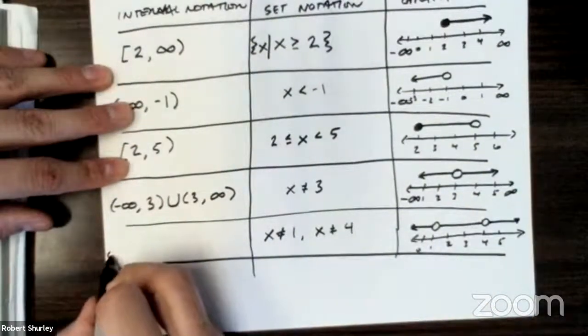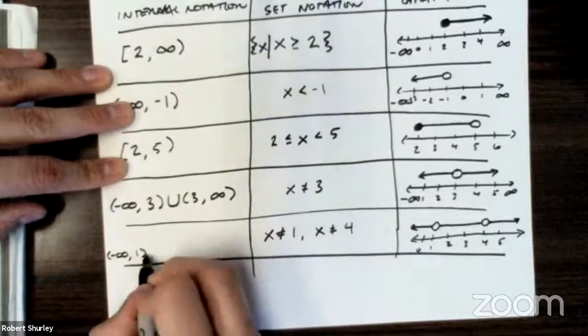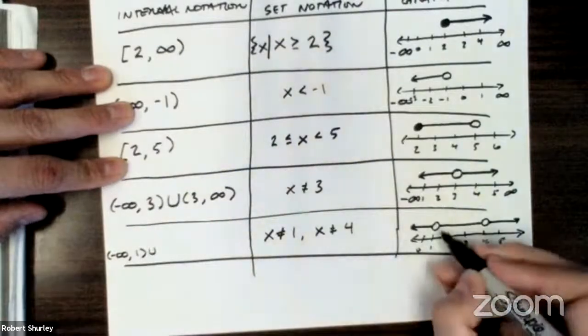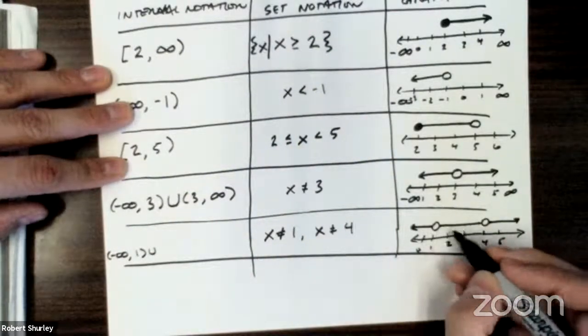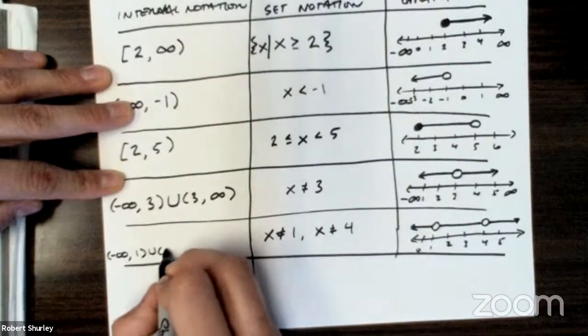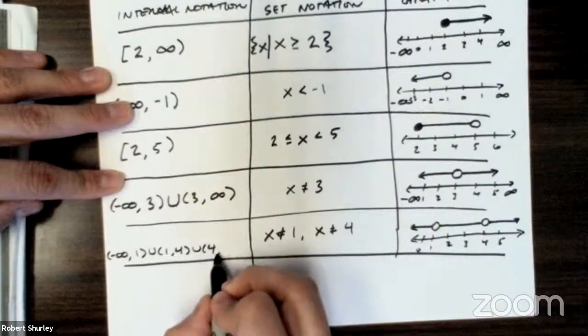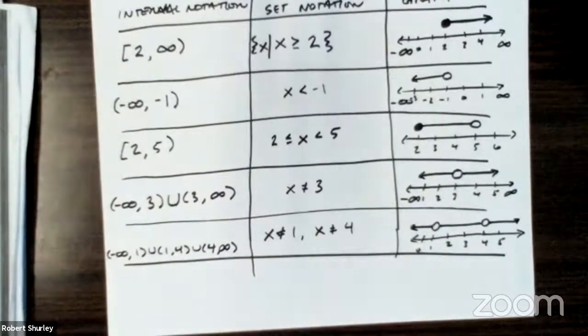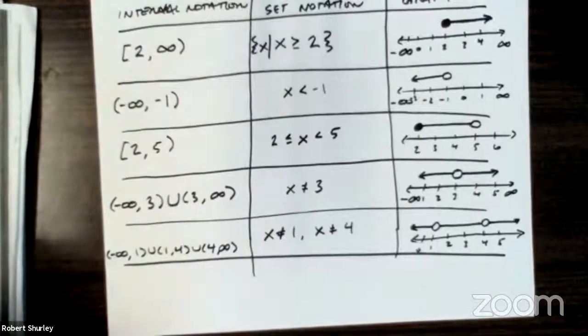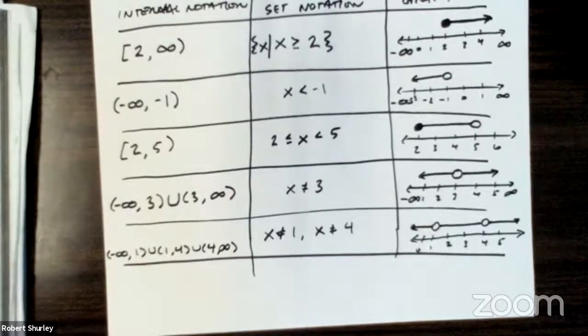Negative infinity to 1, union, and then I've got to do the in-between, the good part of the Oreo, 1 to 4, and then union 4 to infinity. Okay, so this is how we would write this in math notation.